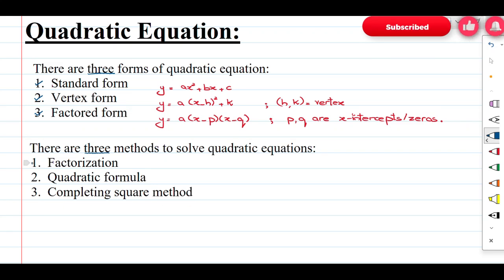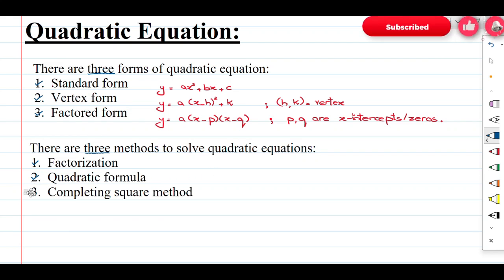So you can apply factorization to solve a quadratic equation, and if factorization is not possible, if it is hard to break the midterm and find the factors, then you have to go to the quadratic formula. The quadratic formula is applied to any quadratic equation, right? Whether factorization is possible or not, you can apply the quadratic formula.